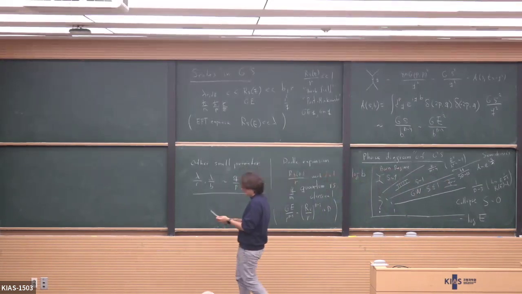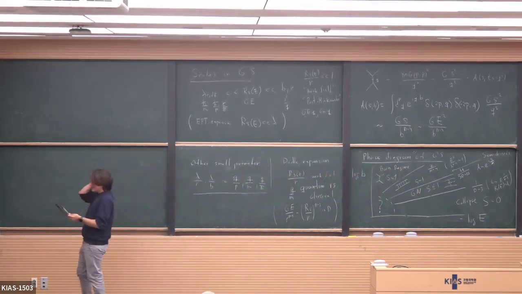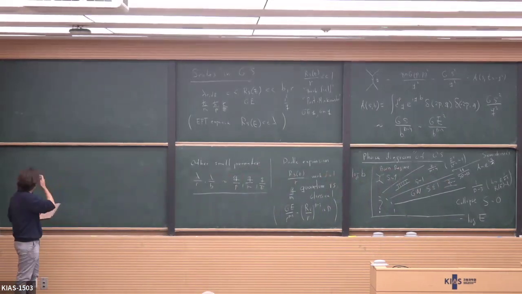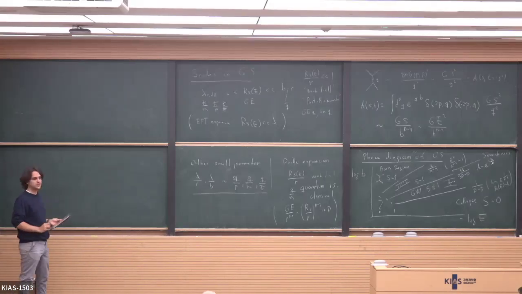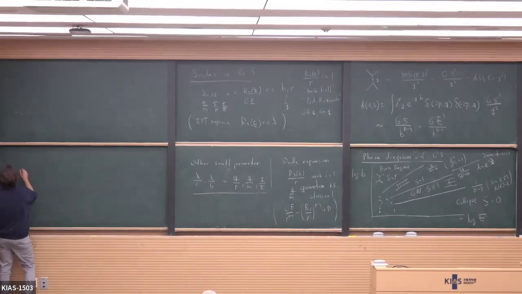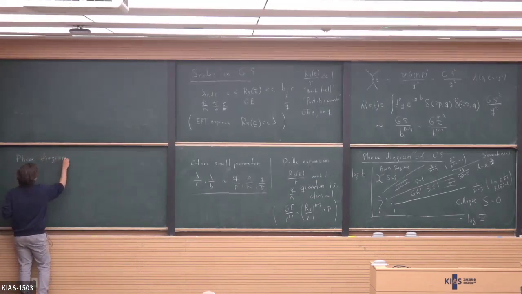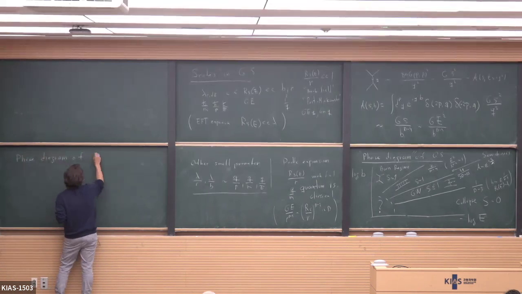Since we are in the business of drawing these phase diagrams, I will draw yet another one, which is now the phase diagram purely in this classical regime: the phase diagram of classical GR.